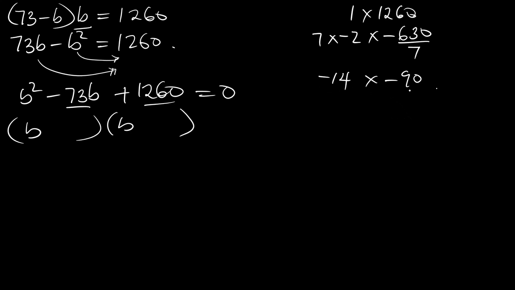So let's look at another option. If you divide this by 2, multiply this by 2, you have 28 times 45. If you sum this up, it will give you 73. The sum of these two factors will give you 73.